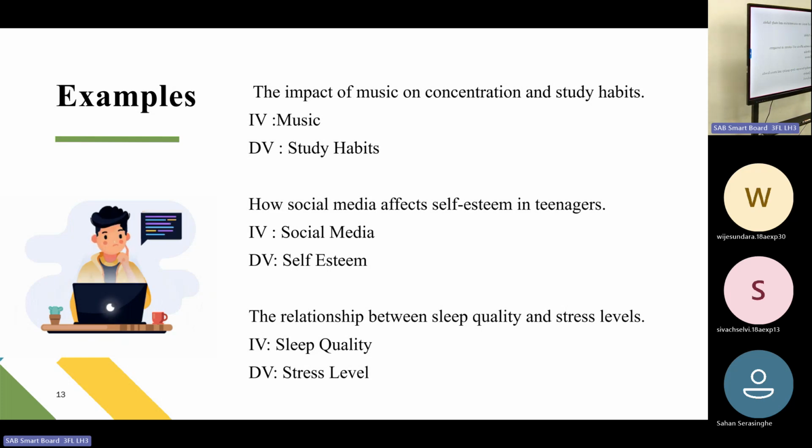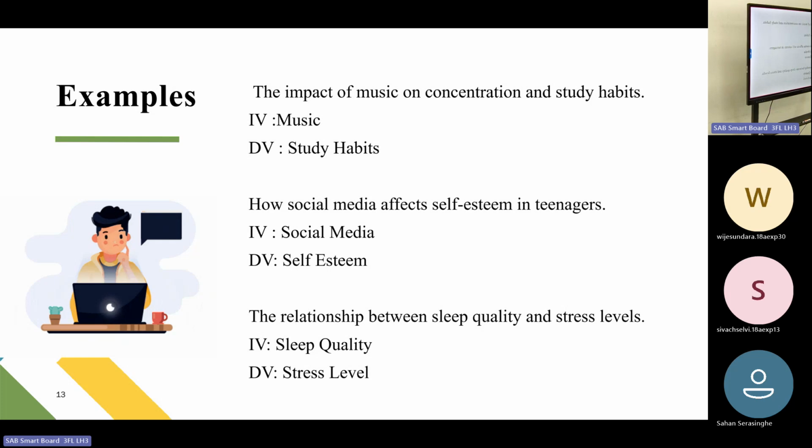So therefore, what is the independent variable there? Just thinking, what is the independent variable? Social media usage. It impacts which one? Self-esteem. So these are very simple and real world things. You have to understand the logic behind that. That's it. So then the third one.